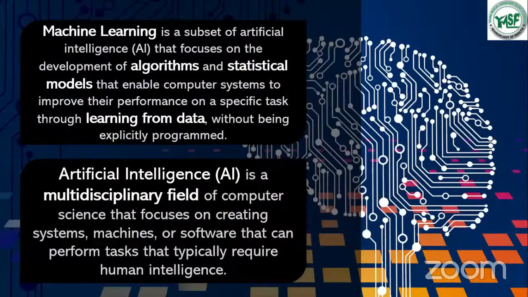All right, so machine learning basically is a subset of artificial intelligence that focuses on the development of algorithms and statistical models, enabling computer systems to improve their performance on a specific task through learning from data, without being explicitly programmed. All right, so there are three things here you need to pay attention to. One, data.